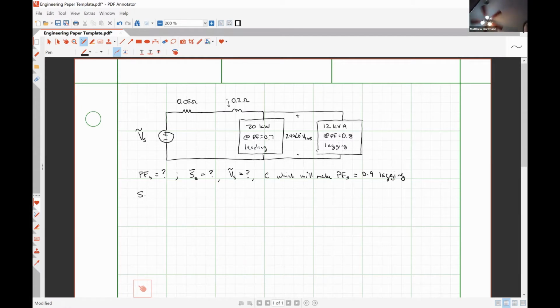So we can say that S load 1 is going to be equal to the average power divided by the power factor, because that is the same as the apparent power, with an angle of negative inverse cosine of the power factor. So this is going to give us our power factor angle.